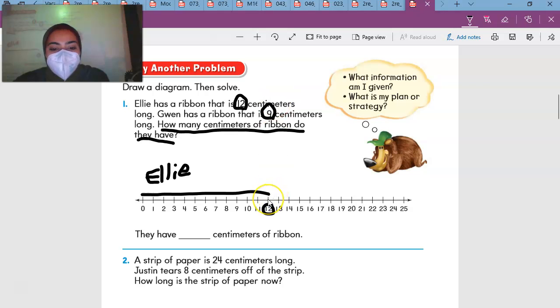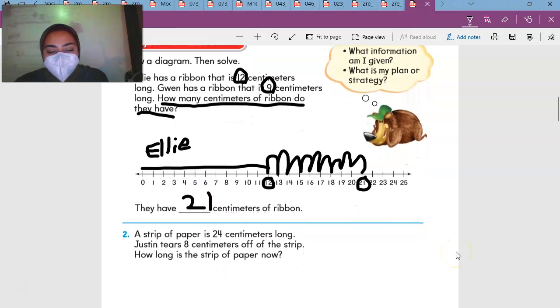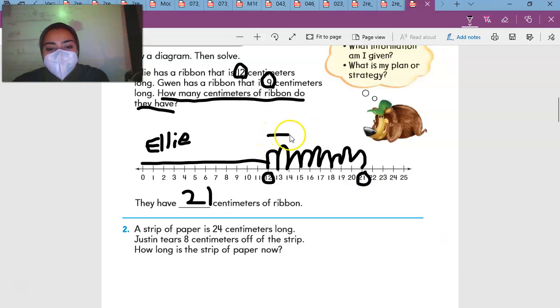So we start at 12 and we jump up 9 times. 1, 2, 3, 4, 5, 6, 7, 8, 9. How many centimeters of ribbon do they have? 21. Pretty easy, right? Good. And if you want to draw another line here and write Gwen to show us that this is her ribbon, you can do that.